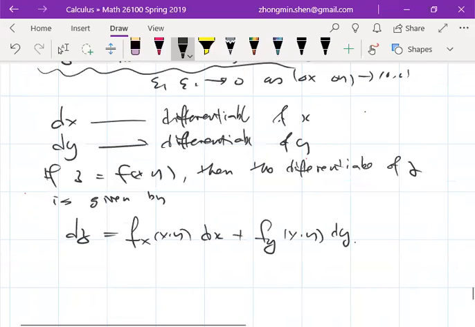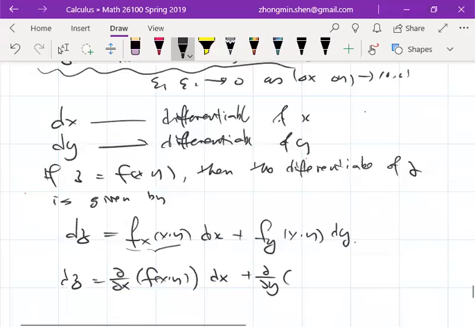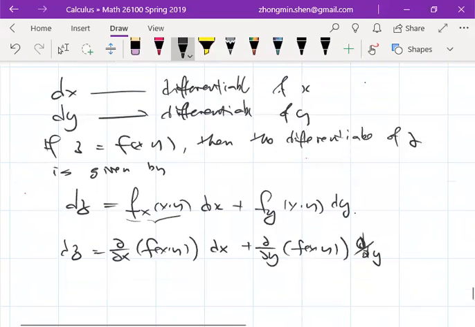Now this formula can be written in another way. Look at this. This is the partial derivative with respect to x and y. But f of x, y is also just z, so you can simply write z.